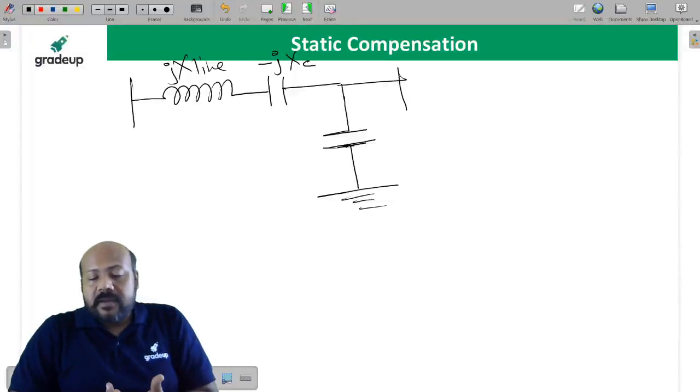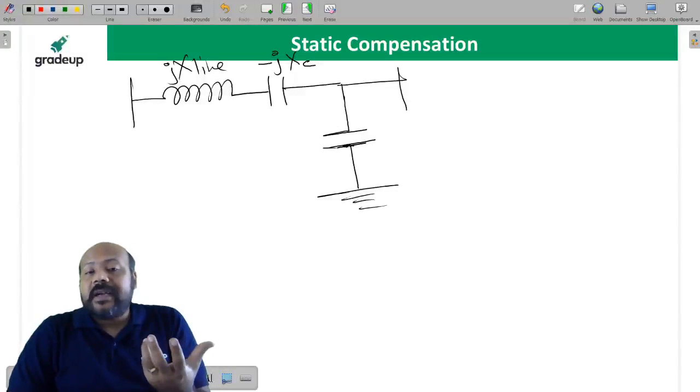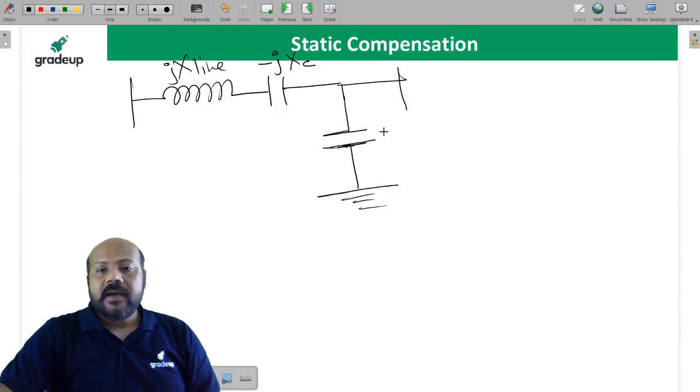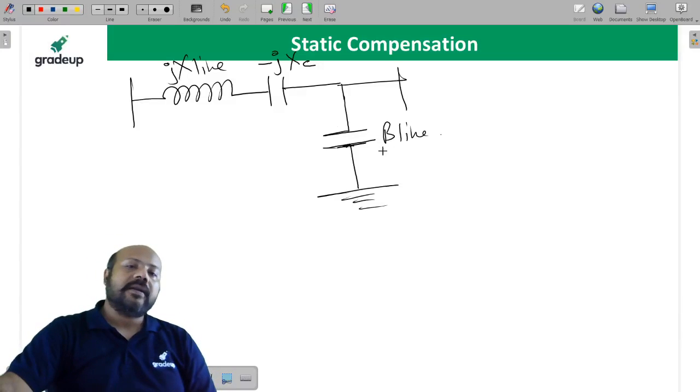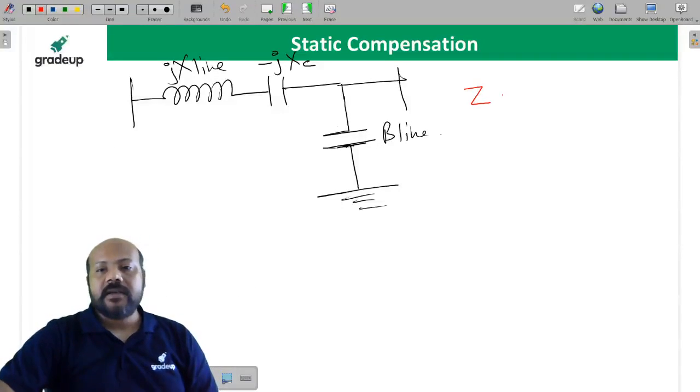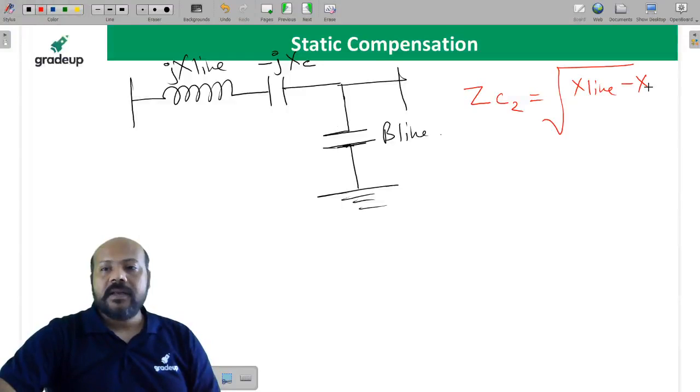Why minus? Because the reactance you write for the capacitor is negative. And this is B line. So if you want to write ZC2, it is X line minus XC upon B line.